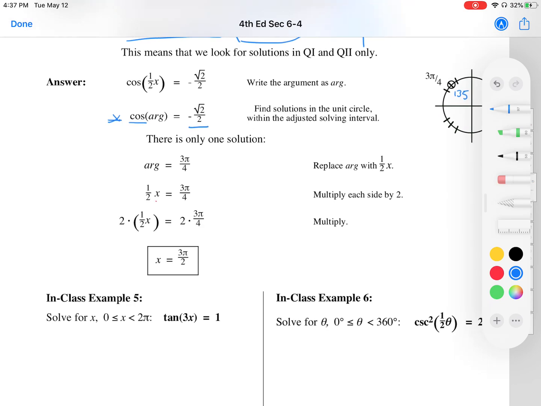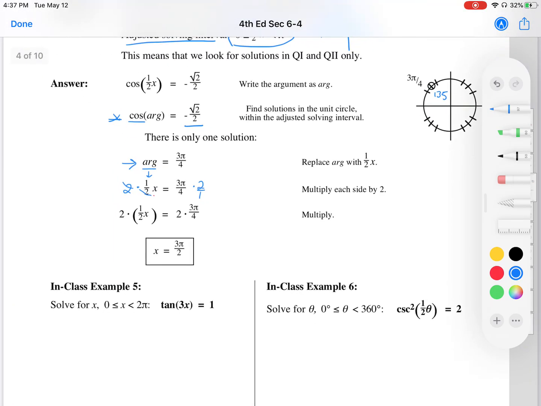All right, let's change our argument to the value, which is 1/2 x. So I have arg is equal to 5 pi over 4. Let's change the arg to 1/2 x. Let's multiply by 2 to get x by itself. And we're left with x is equal to 3 pi over 2. That would be your answer.